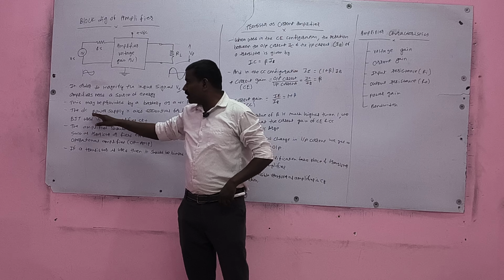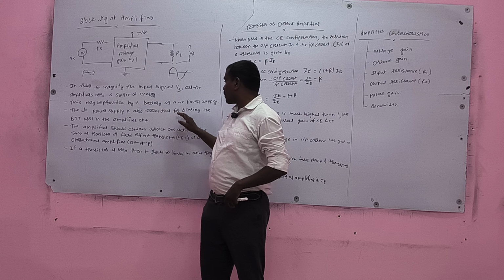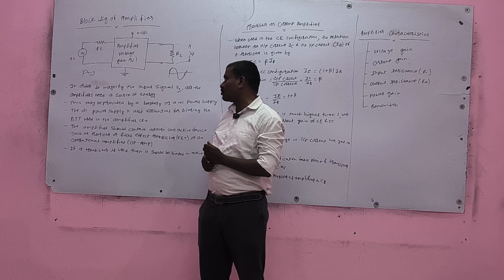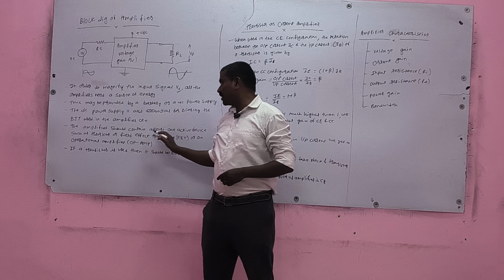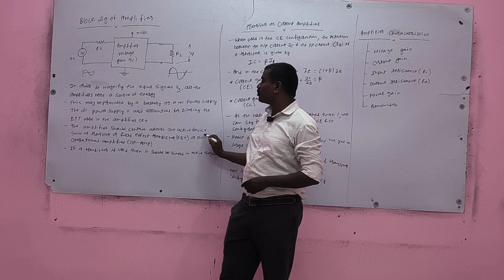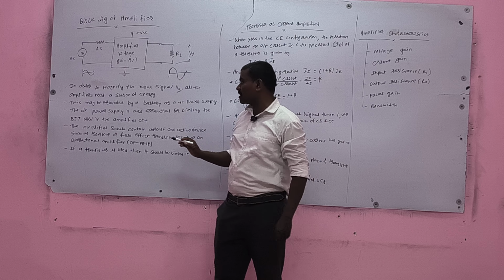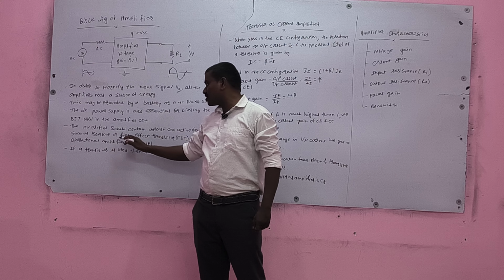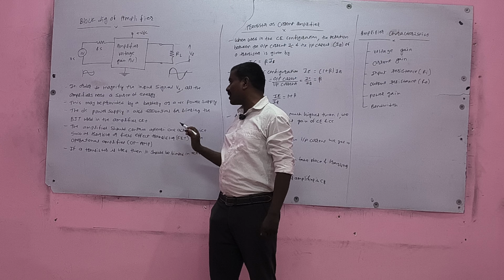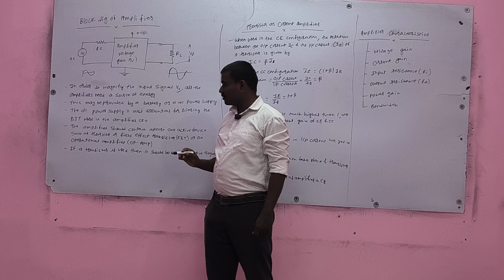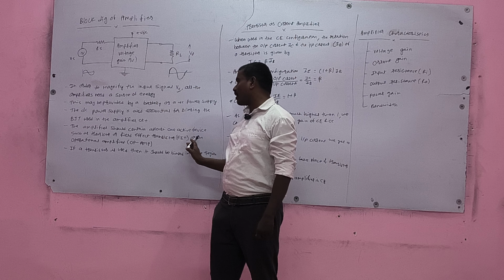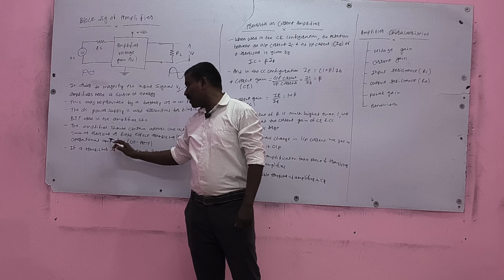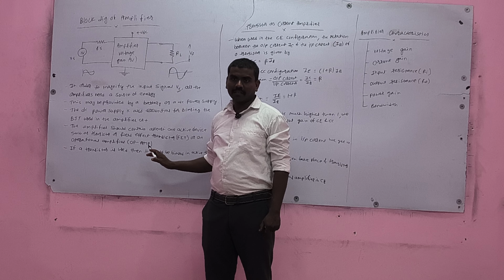So the DC power supply is also essential for biasing the BJT used in the amplifier circuit. The amplifier should contain at least one active device such as transistor or FET, BJT or FET, bipolar junction transistor or field effect transistor, or an operational amplifier, that is op-amp.